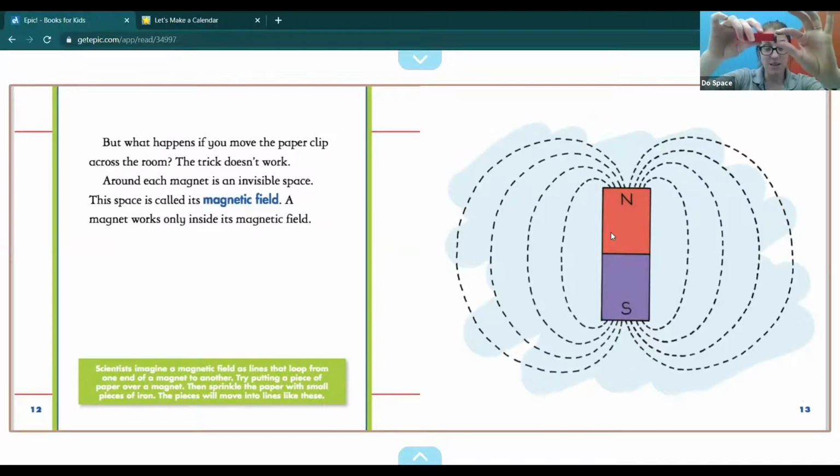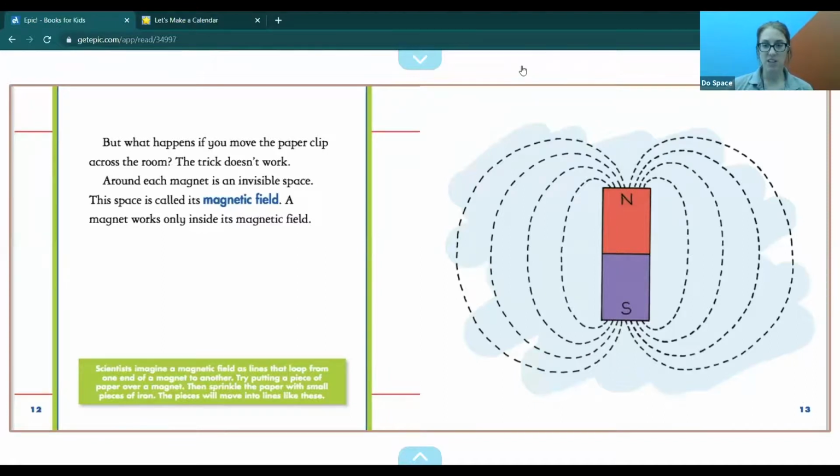It immediately attracts to each other. Look at that. So I now know that this is the south pole side and this is the north pole side. I just turned it around. This side that I'm sure is the north pole, they don't want to stick. And that's the same with all types of magnets, right? That's pretty cool.